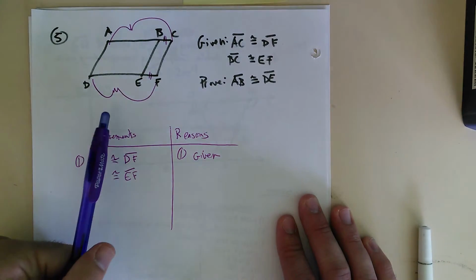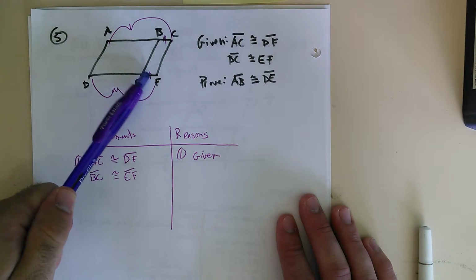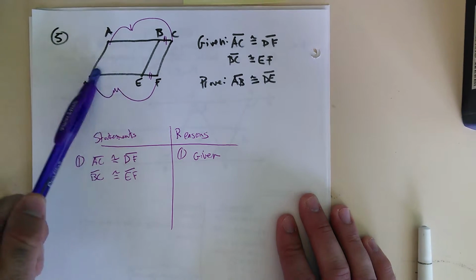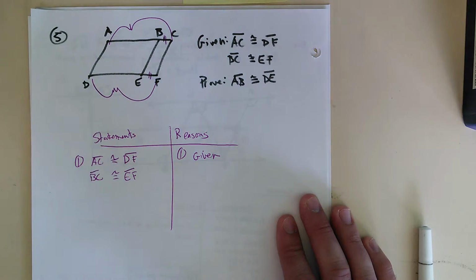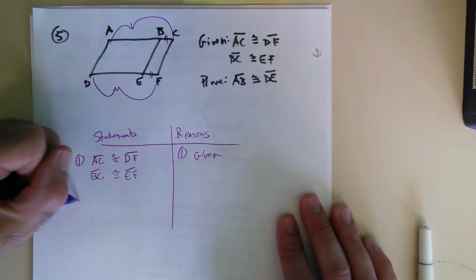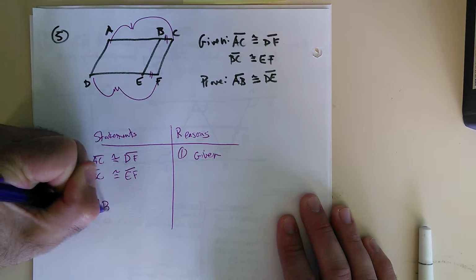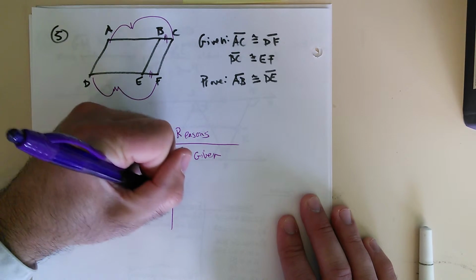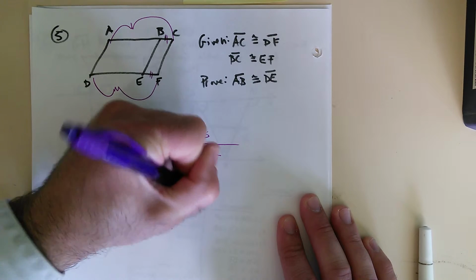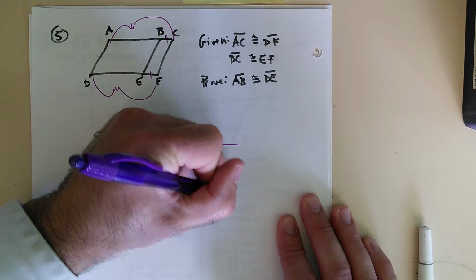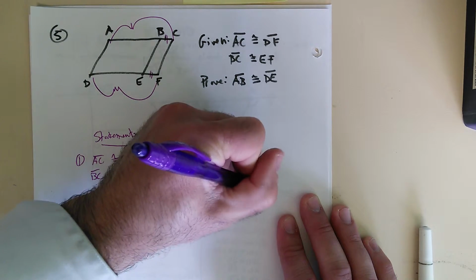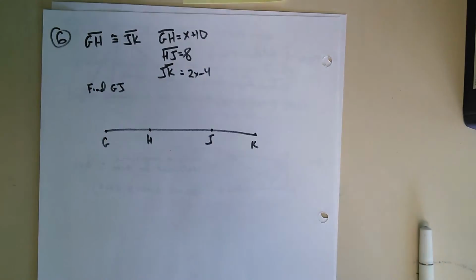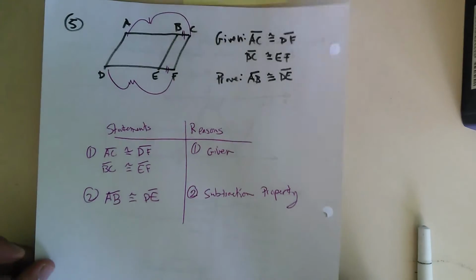We're not going to need to use the reflexive property here because we have EF and BC congruent to each other, and we're going to subtract those out to be left with just the parts here that also need to be congruent, which is what we're trying to prove. That's our step 2. AB is congruent to DE, and the reason is the subtraction property. Okay, so I'll let you look at that for a second.